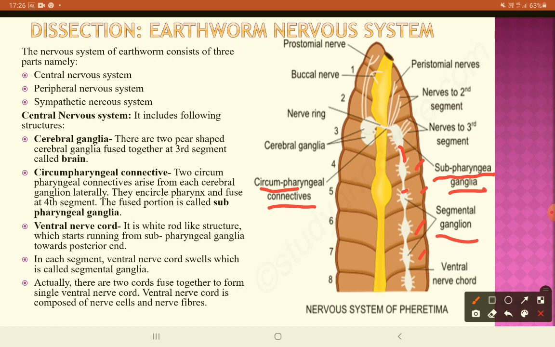Structurally, it is made up of double nerve cords enclosed in a common sheath called perineurium. This covering is made up of three layers: the outer peritoneum, the middle longitudinal muscle layer, and the inner thick fibrous layer of epineurium.